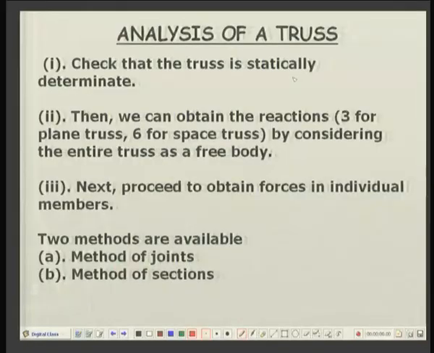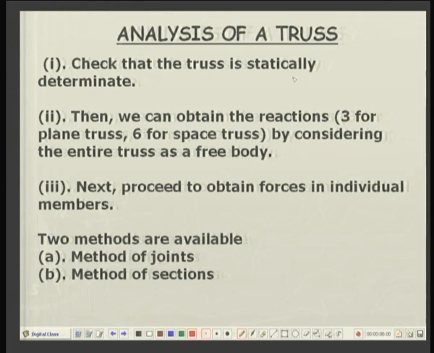First of all, you check that the truss is statically determinate. That is, the number of unknown forces produced by the supporting conditions should be equal to the number of equations available for equilibrium. For a plane case, you remember we have 3 conditions of equilibrium.